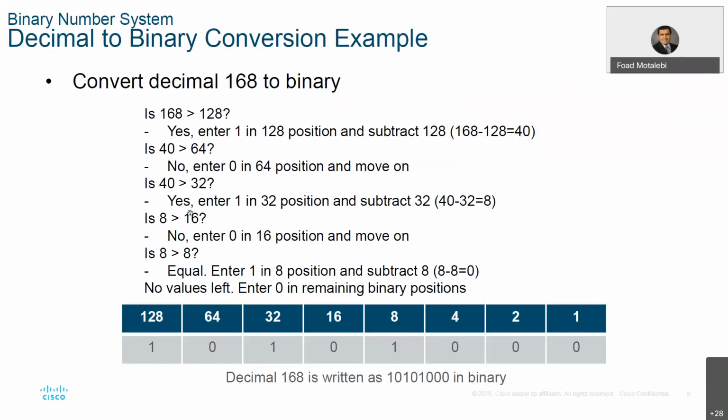Is 8 greater than 16? No, it's not. Put a 0. Is 8 greater than 8? No, but it's equal. Remember, greater than or equal. So put a 1. And then subtract 8 minus 8. You get a 0. Since you get a 0, all the other positions will be 0. So conversion of 168 to binary would be 10101000. Okay, that was a fast way of doing it.